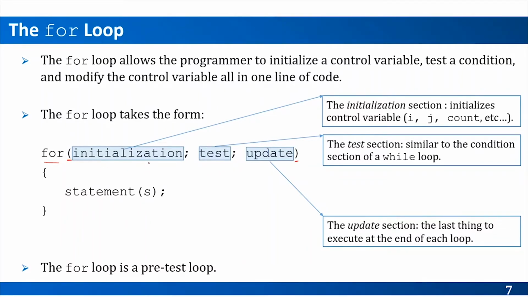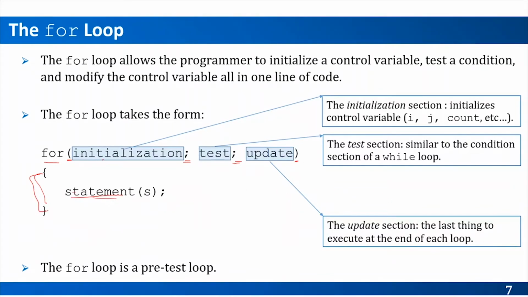They are important. Then we have the initialization section, the test section, and the update section, and all of these are separated by semicolons. So that's the syntax. You have to follow this syntax. Then after the parentheses, the curly braces, and then you have the statements to be executed.